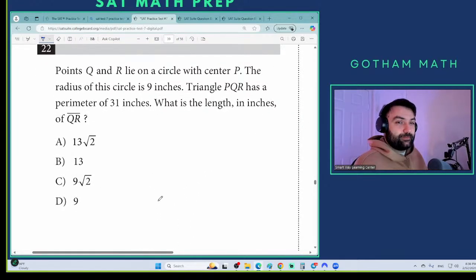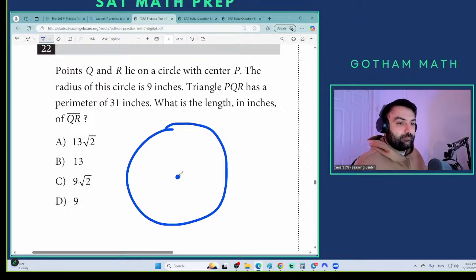Number 22. Points Q and R lie on a circle with center P. The radius of the circle is 9 inches. Triangle PQR, perimeter. Okay, so let's do it.